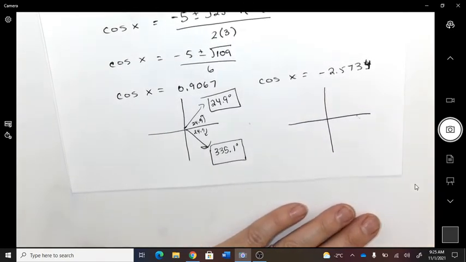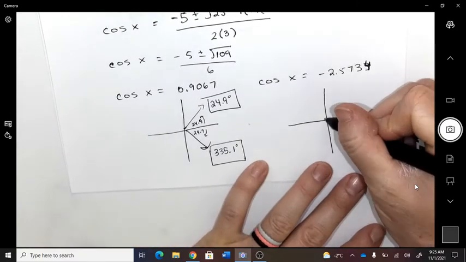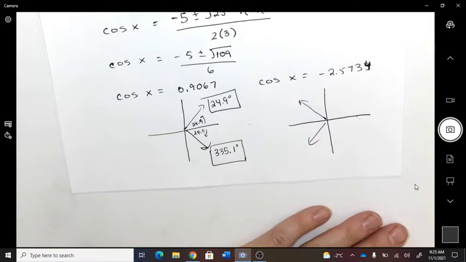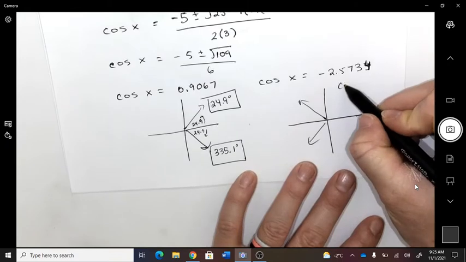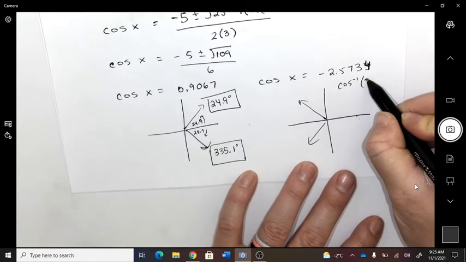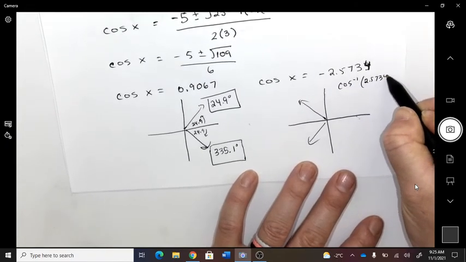Okay, next. Negative for the cos. So which quadrants? So quadrants 2 and 3. And I'm going to cos inverse positive, right? I don't do a negative there.